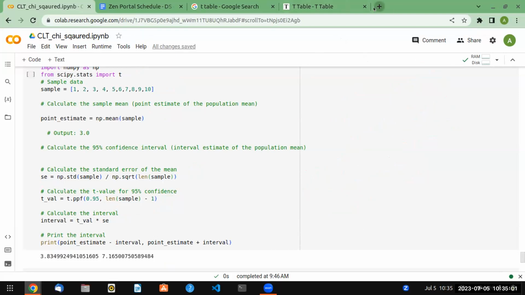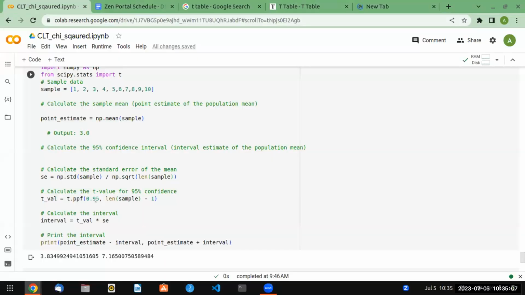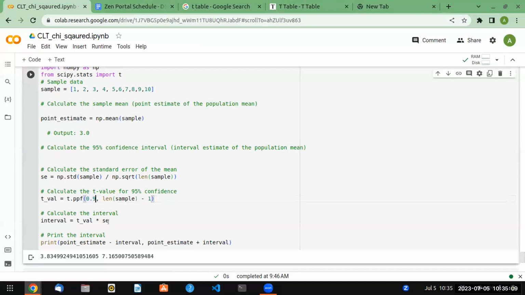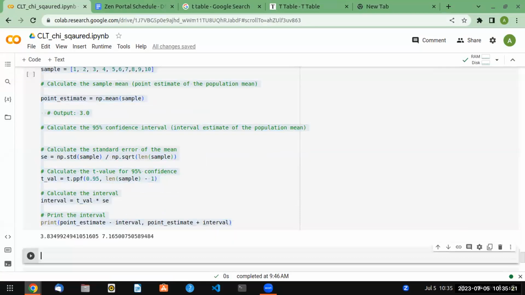Any questions? Yeah, can you take 0.01, 99%, in that to see the difference? Okay. 0.99, right? Okay, let's do one thing, or else I will forget the value that we are getting. That is a good question.